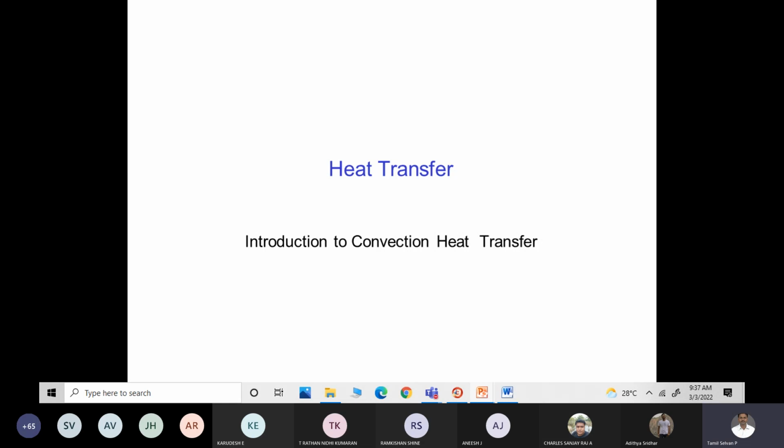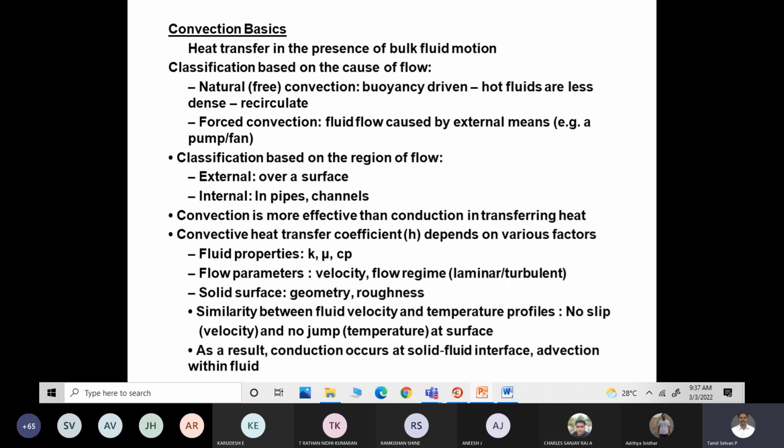And I have already told you in the first class, as engineers, you have to take some engineering examples. When we talk about free convection or natural convection, it is buoyancy driven, and hot fluids are less dense, so the recirculation of the fluid takes place.